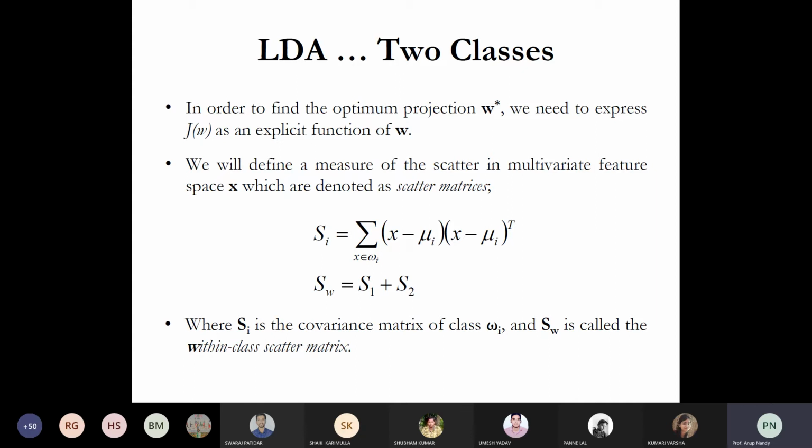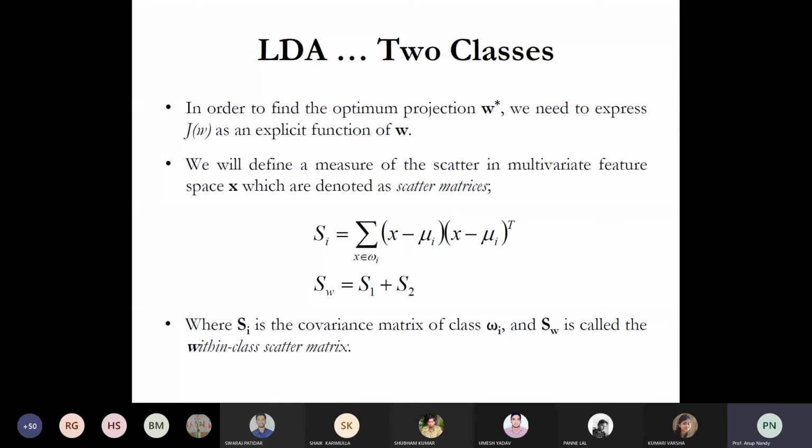Now, in order to find this optimum projection vector, W star, you need to express J as an explicit function of W. You will define a measure of the scatter in the multivariate feature space X, which is denoted by the scatter matrix.